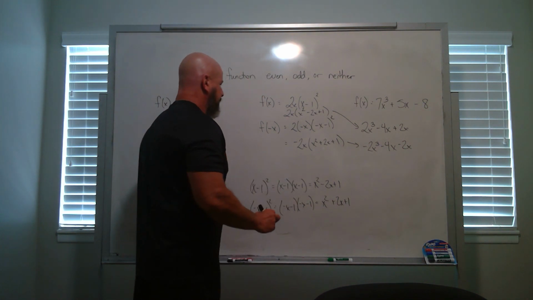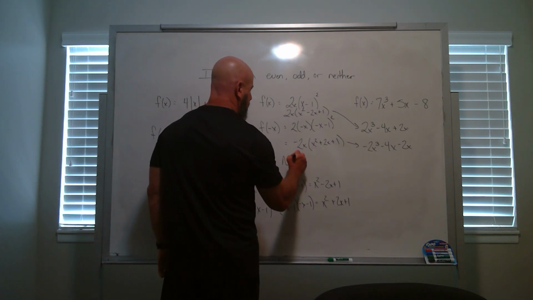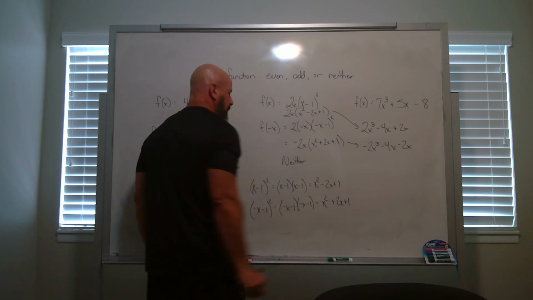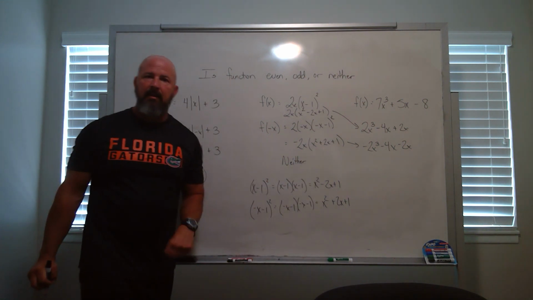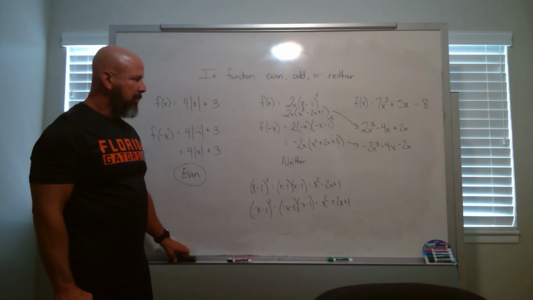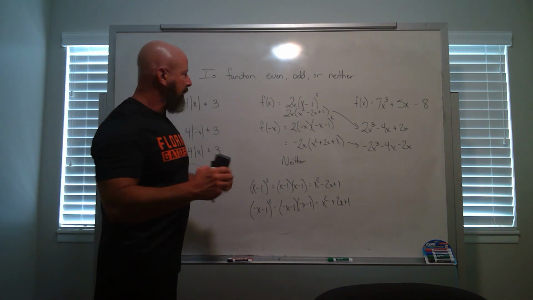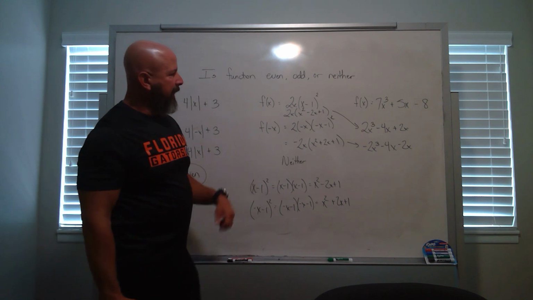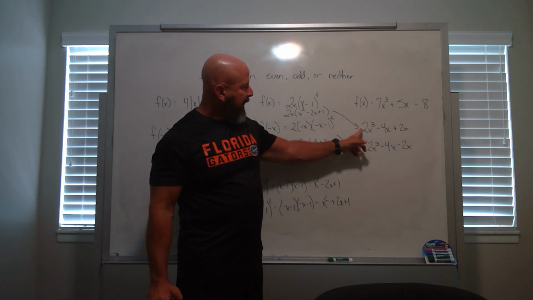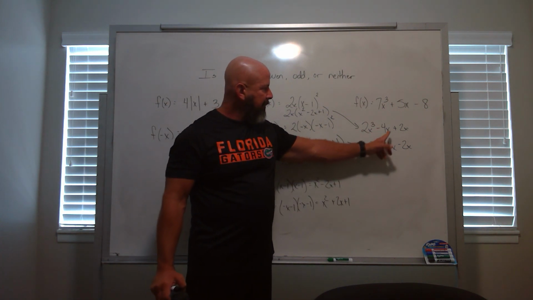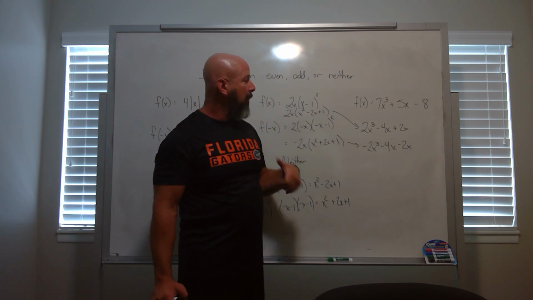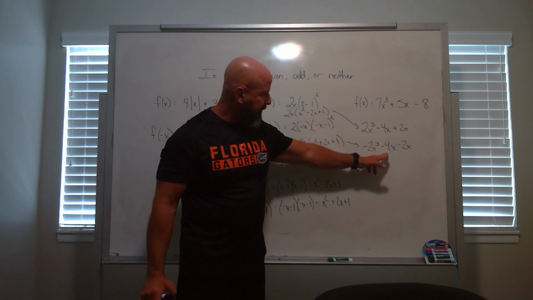This is forcing this one to a neither. It's not the same as the original, or excuse me, not the negative of the original. Same would be the even. It's not the negative. If it was the negative, all signs would change, and they didn't all change. These in the middle stayed the same.